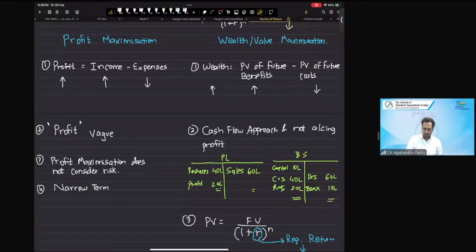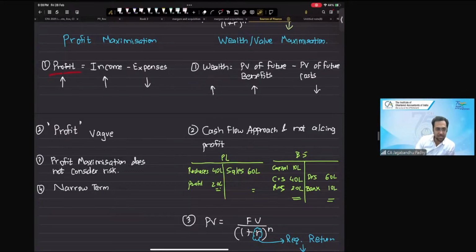Whereas wealth maximization is simple: present value of future benefits. What is the amount of future benefit that you're going to get? Then take the PV of it, and then the PV of future costs, which is the present value of the future expenses. So wealth is a forward-looking, visionary term because you're looking into the future.